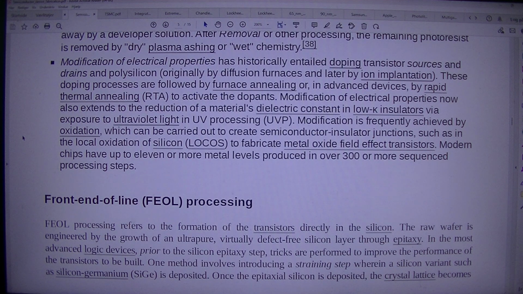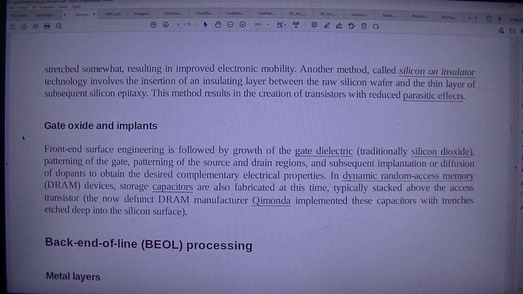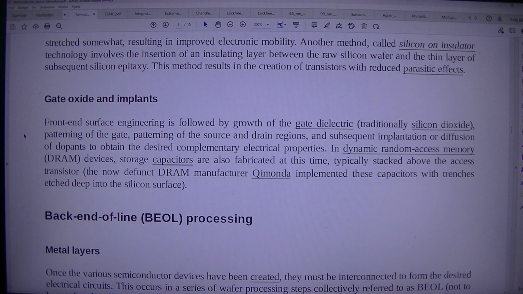One method involves introducing a straining step wherein a silicon variant such as silicon germanium, SiGe, is deposited. Once the epitaxial silicon is deposited, the crystal lattice becomes stretched somewhat, resulting in improved electronic mobility.